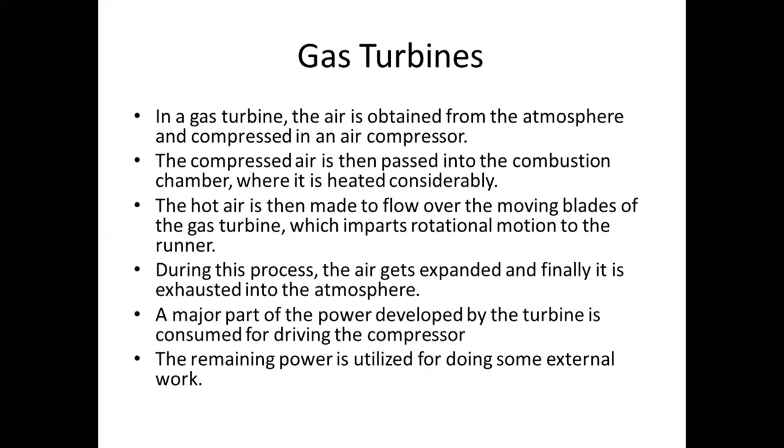The hot air is then made to flow over the moving blades of the gas turbine, which imparts rotational motion to the runner. During this process, the air gets expanded and finally it is exhausted into the atmosphere.